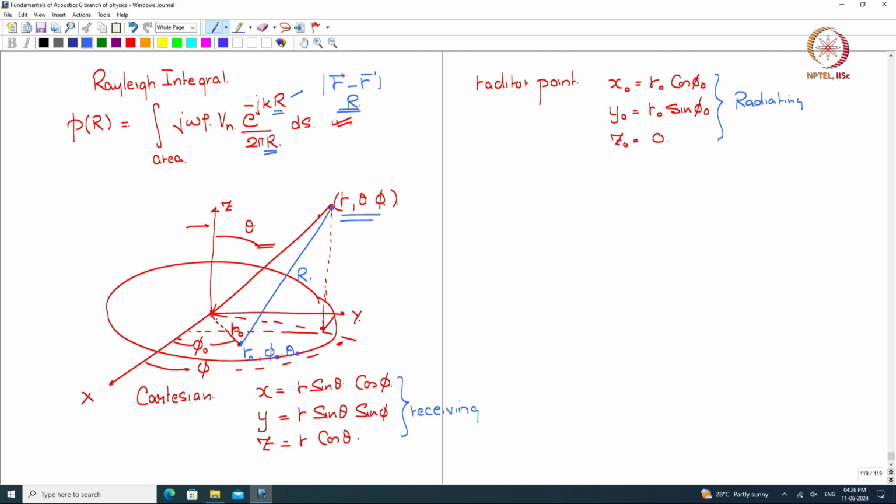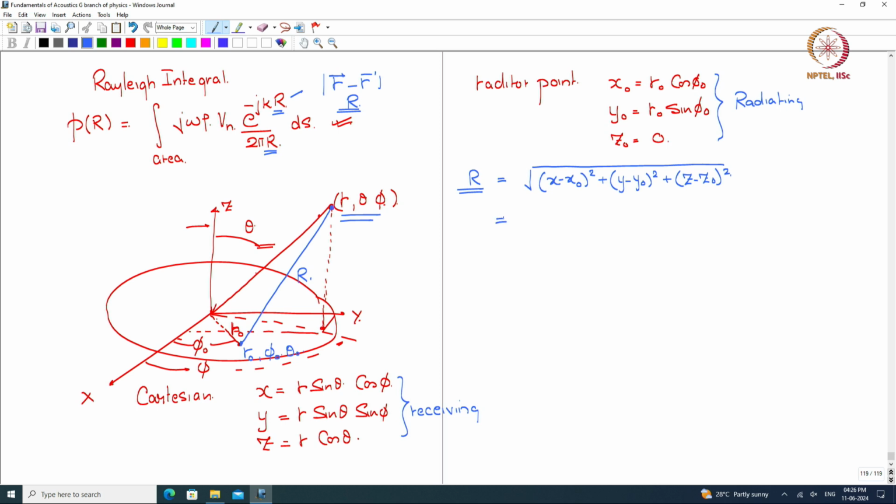Now what is this distance R? Scalar distance R is equal to the square root of x minus x0 whole squared plus y minus y0 whole squared plus z minus z0 whole squared.